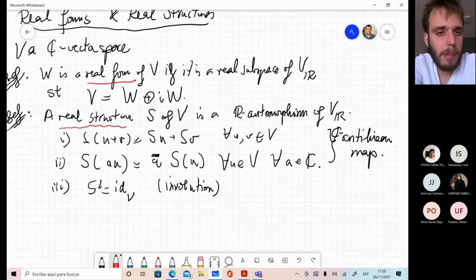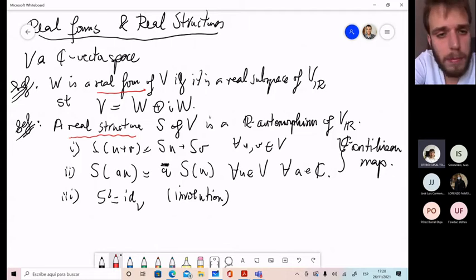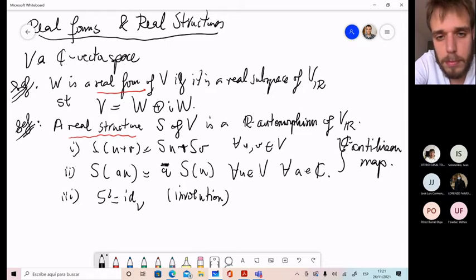Okay, so it turns out that these two definitions. Doesn't the first condition automatically follow from S being a real automorphism of V regarded as real space? Yeah, that's true. That's true, but I wanted to write it down for completeness.